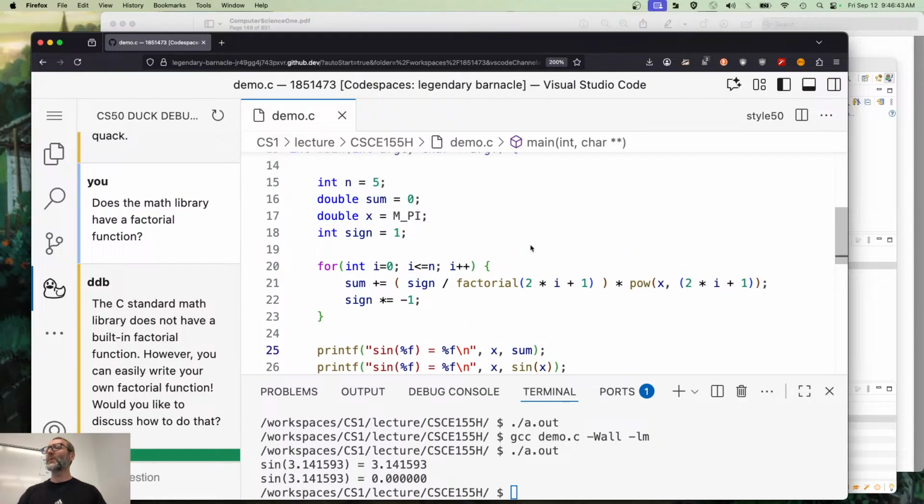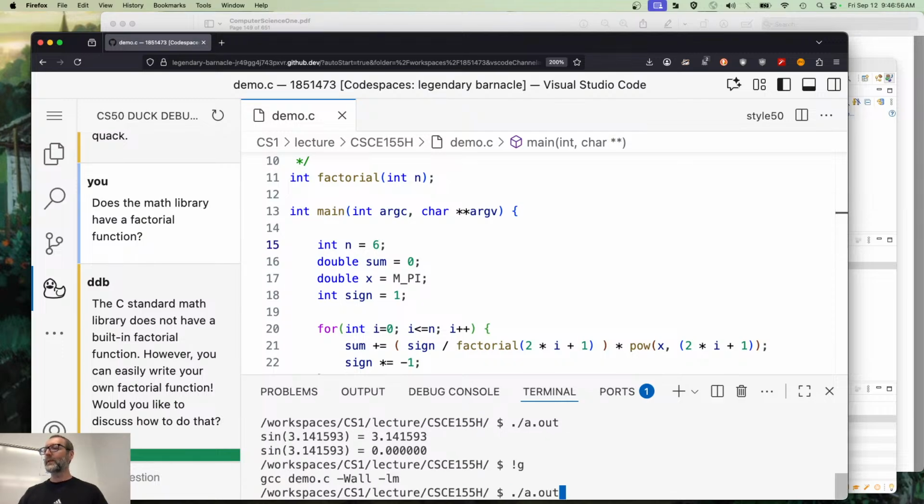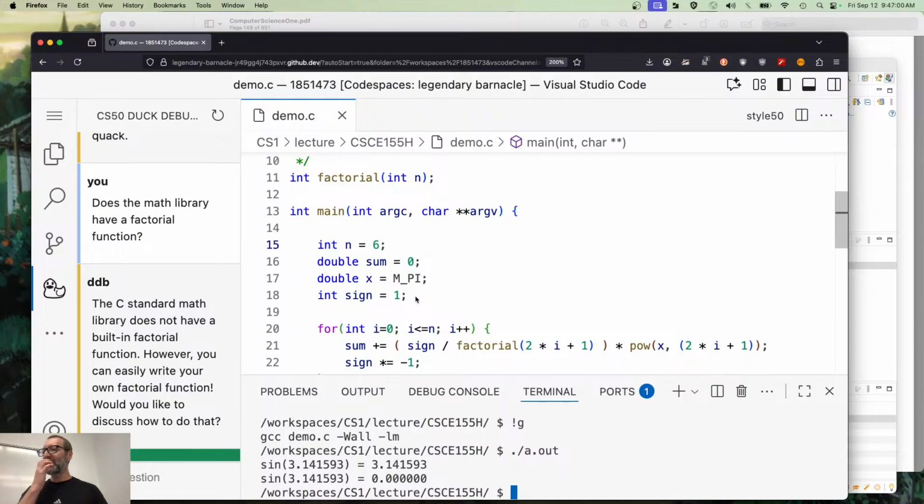Yeah, there's definitely something wrong here. It should be 0. Okay, yeah. Let's try 6 iterations here. GCC, run this. And yeah, okay, there's something wrong here.